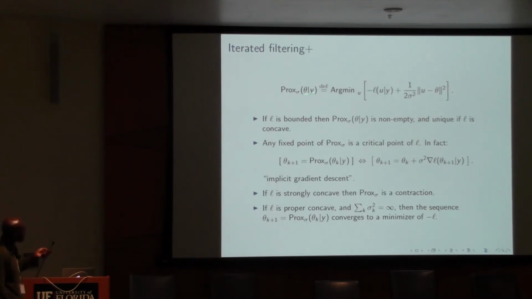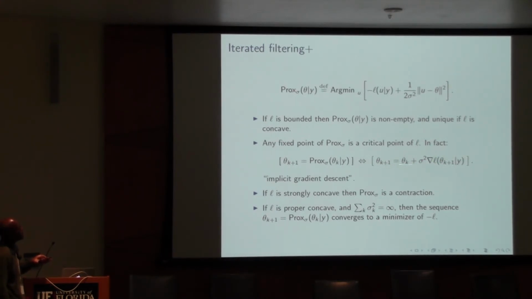Again, looking at this object, you could show that this set is non-empty, and if the function is concave, it is uniquely defined. If you take the derivative of this optimization problem and set the derivative to 0, it shows that if theta k plus 1 is this proximal, in fact you have this.